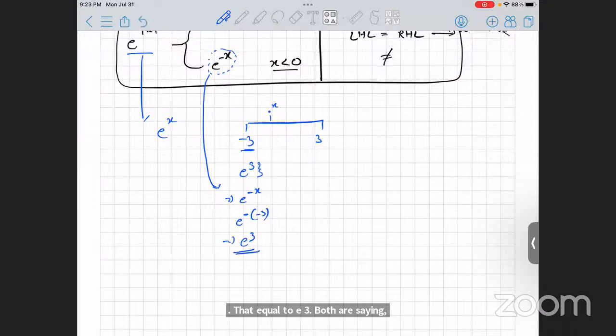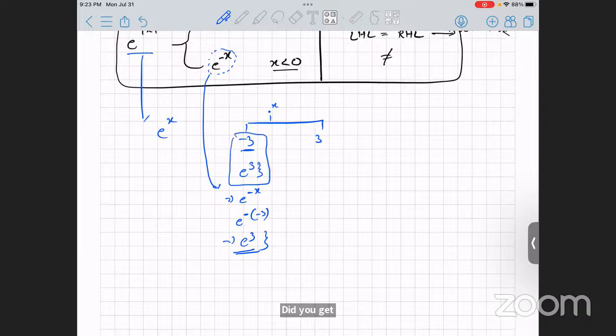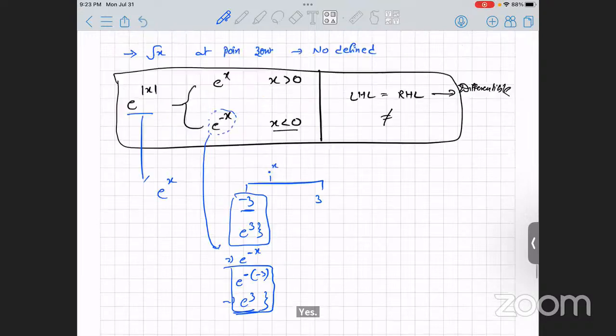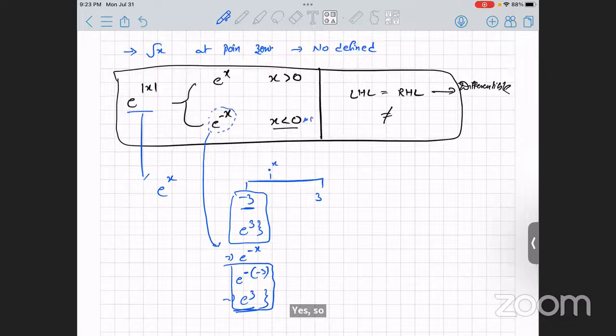Did you get this? If you directly use the mod or if you substitute minus 3 in e power minus x, both are same. So you can convert it into a normal function, you can remove the mod. Okay, clear? Yes, sir. Clear.